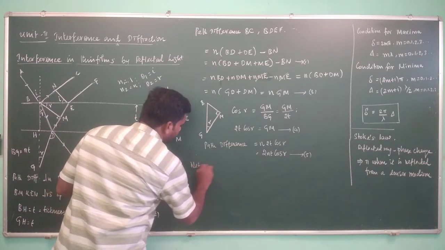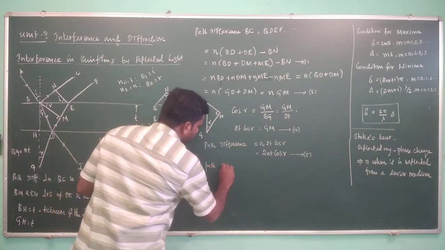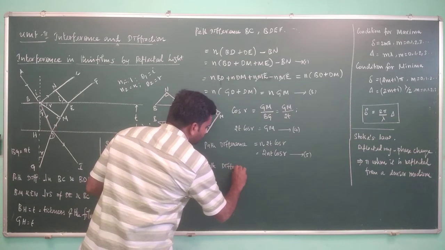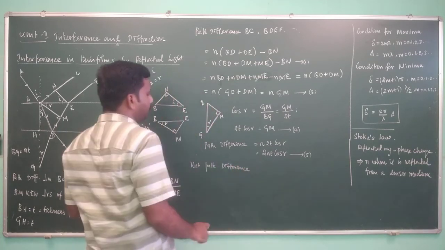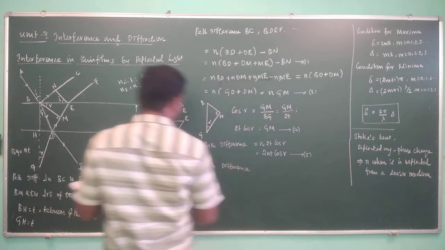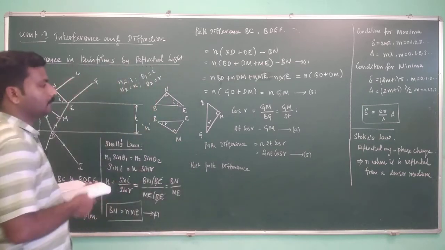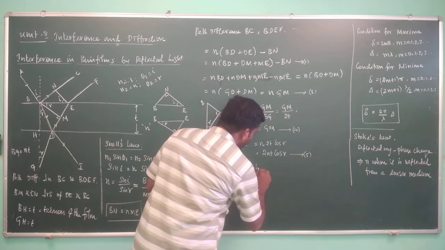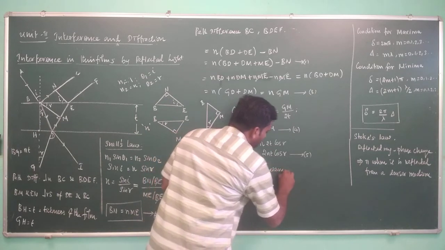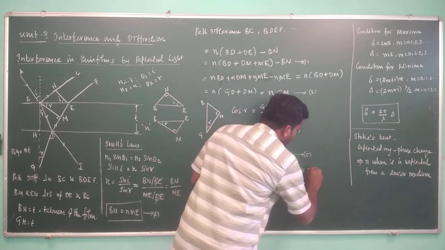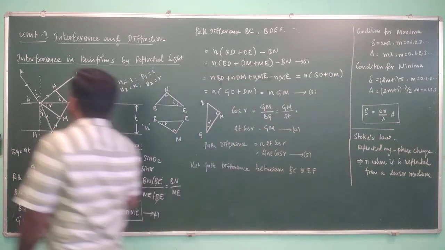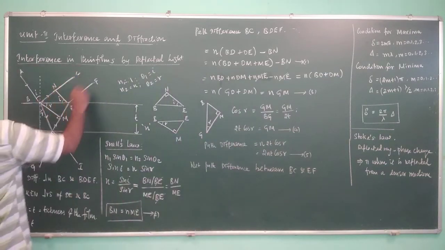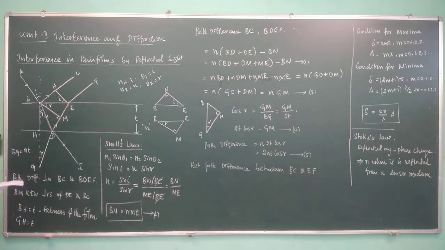If you write the net path difference between BC and EF, how will we obtain this equation?